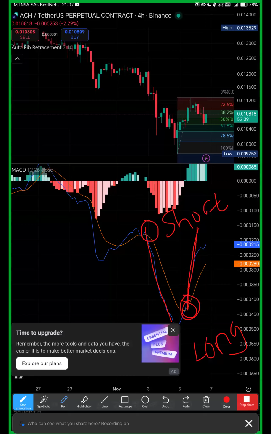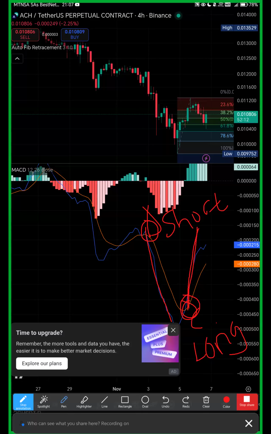So you are going to look for golden crosses if you are a spot trader. But if you are a futures trader, you are going to look for death crosses as well as golden crosses as entry points or entry opportunities for you to enter the market for the first time using your first buy-in amount.